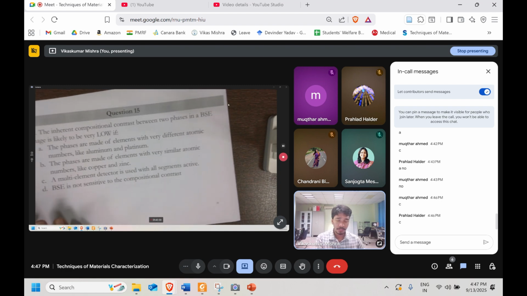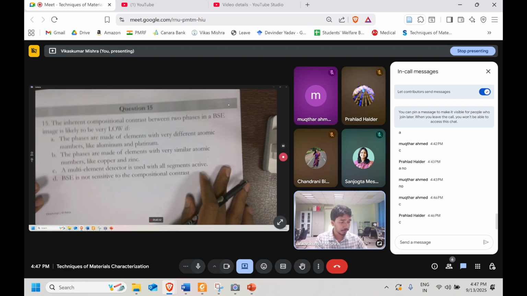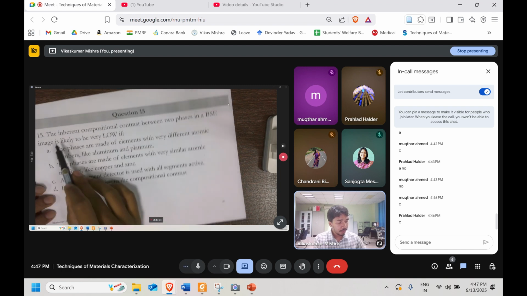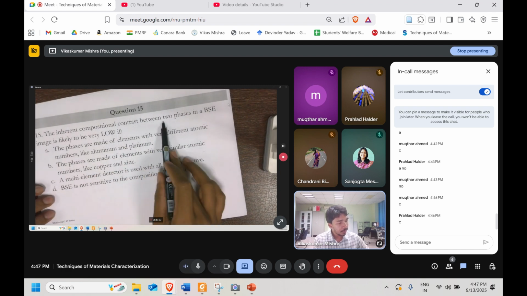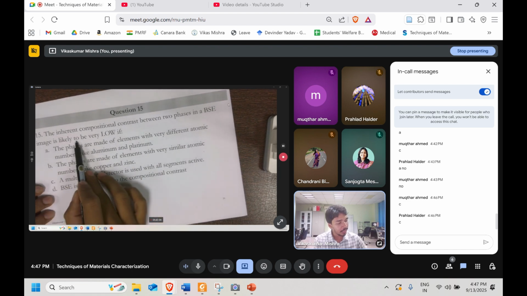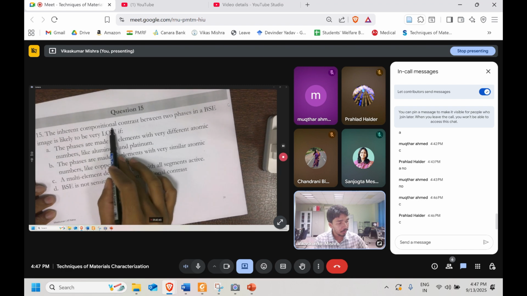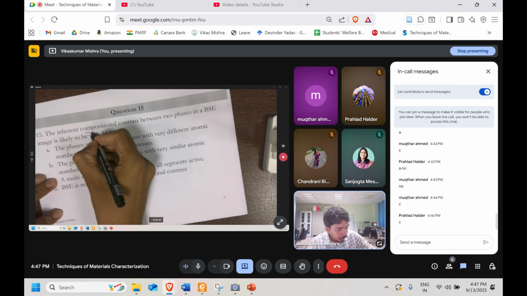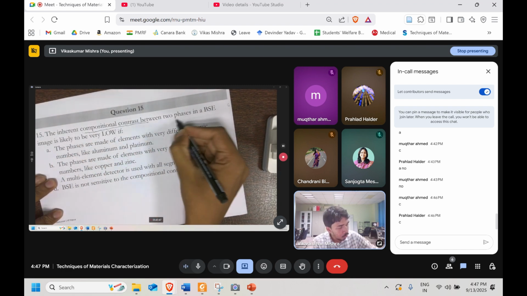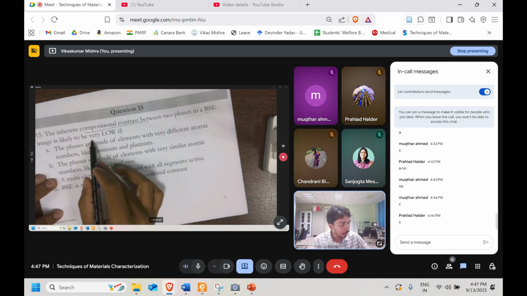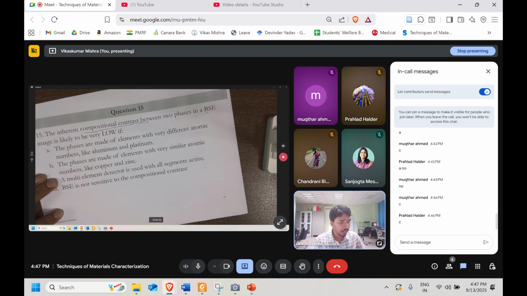Only two questions are left. We'll finish it. The inherent compositional contrast between the two phases in a BSC image is likely to be very low. Under what condition?